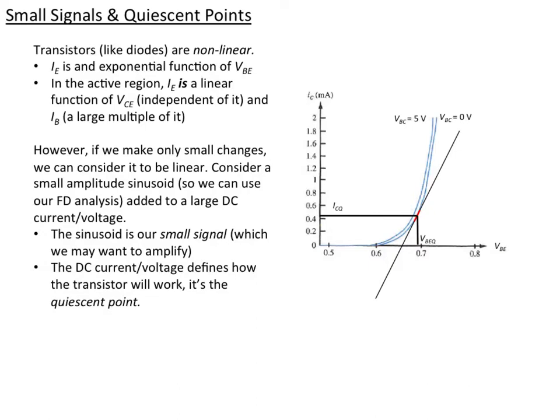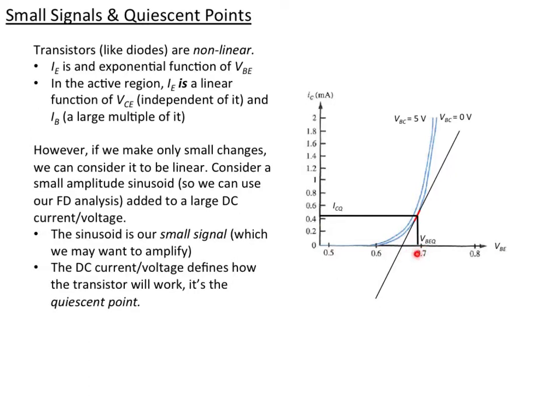I will note that in the active region, some things are linear. The current is a linear function of the collector emitter voltage. It's independent of it, and it's proportional to the base current, and it's a large multiple of that. Now, we can treat this linearly, however, if we only consider a small change in the base emitter voltage.